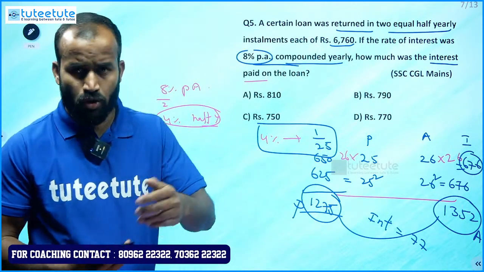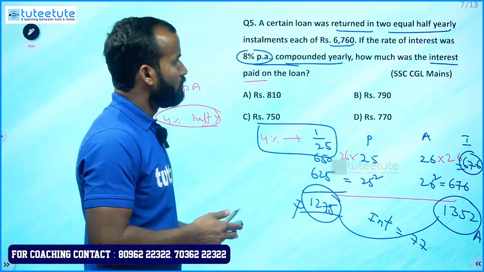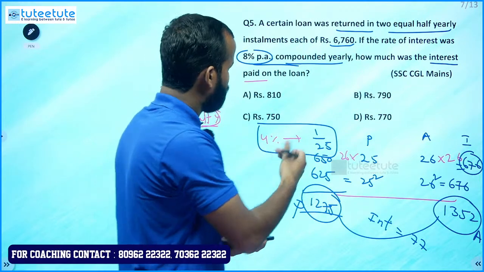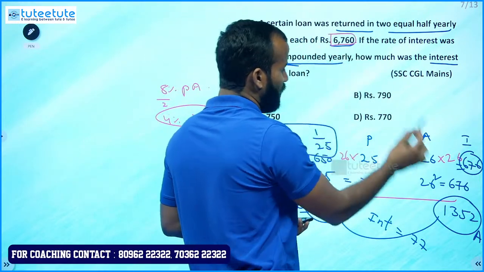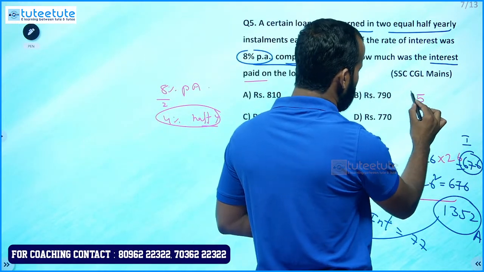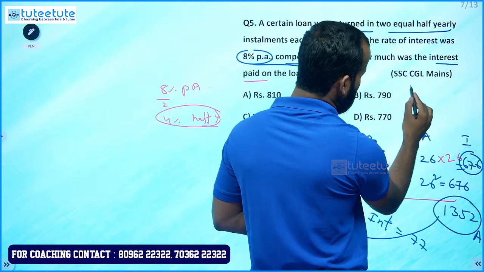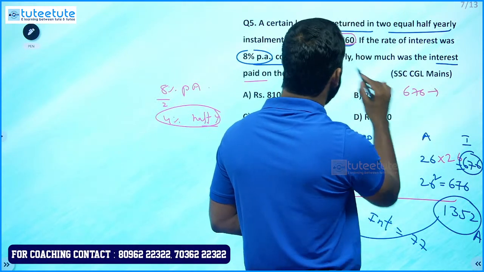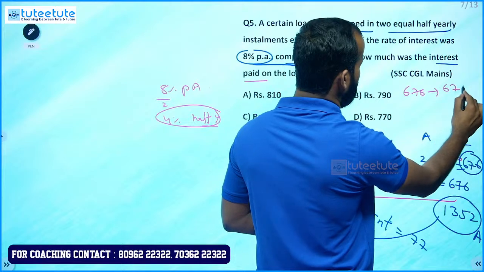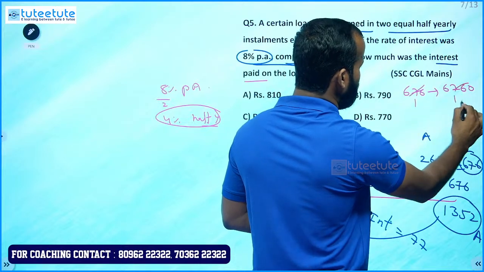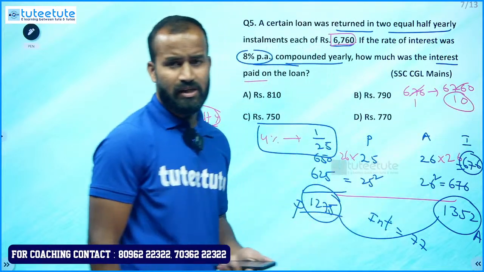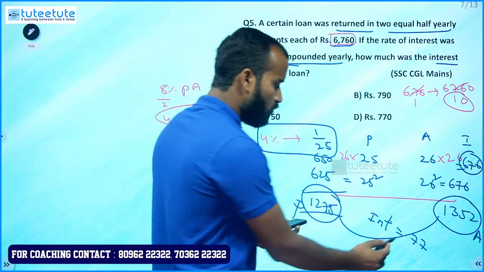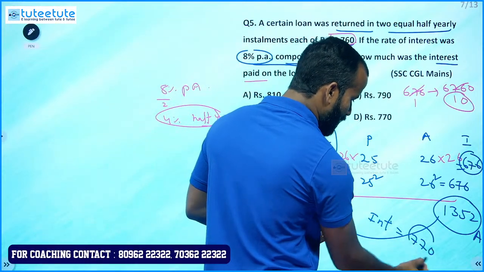Now we will go back to our question. Each installment value is given. Each installment how much? 676 is given as 6760. So one part value is 10. So 77 parts, interest means 77 into 10, 770 will be the answer.